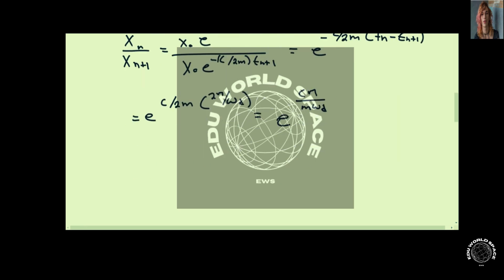Now we need to figure out your w d, which we had above. First we want to do ln on both sides.